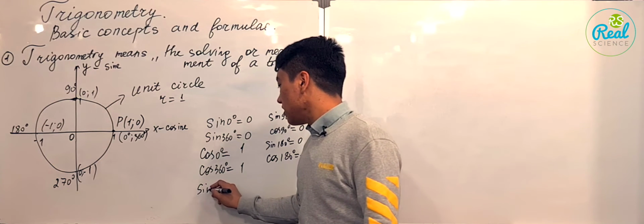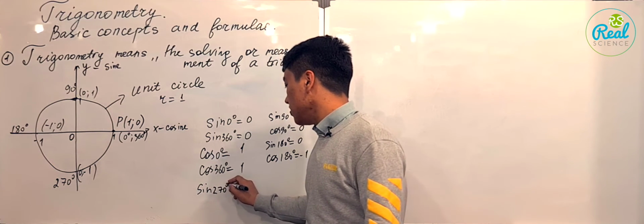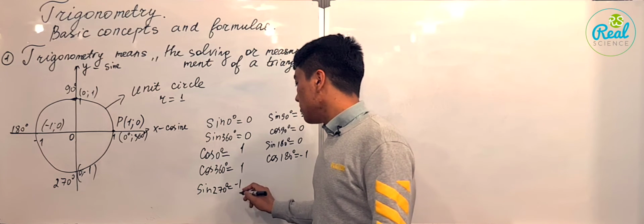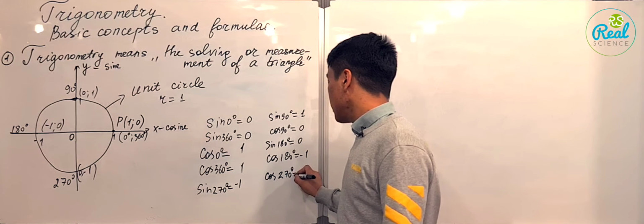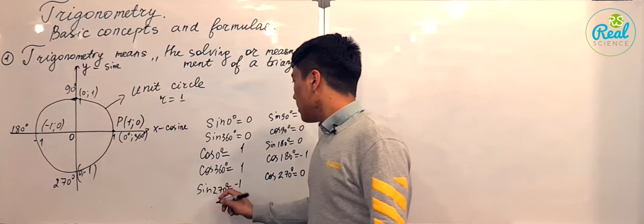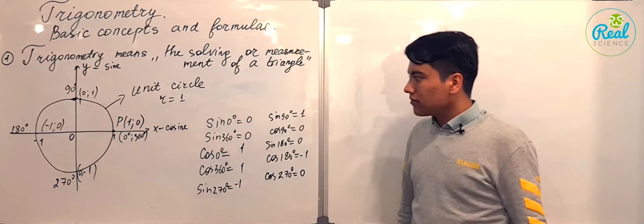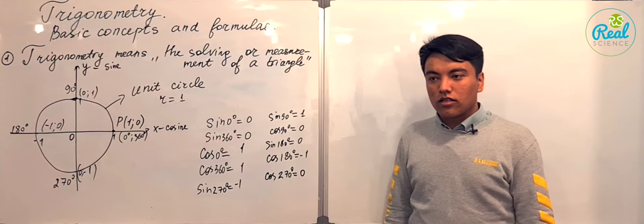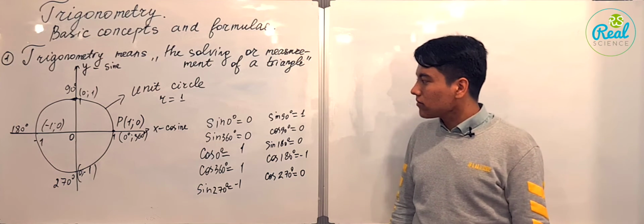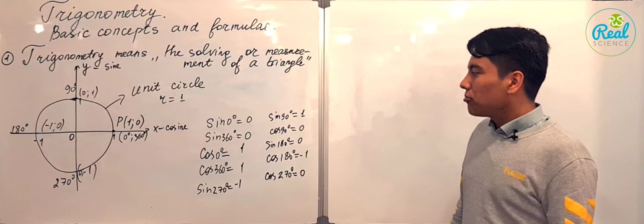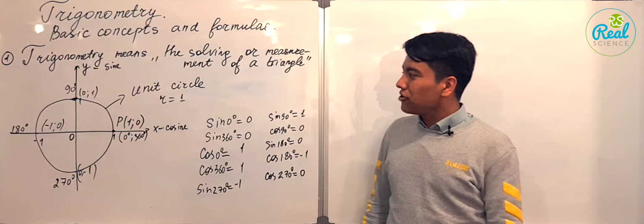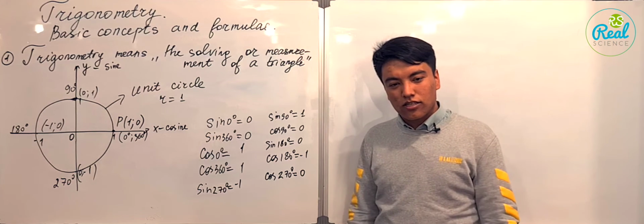Sine 270 degrees is minus 1, cosine 270 degrees is 0. So that's it. Sine is y and cosine is x, yes? But what about tangent and cotangent?